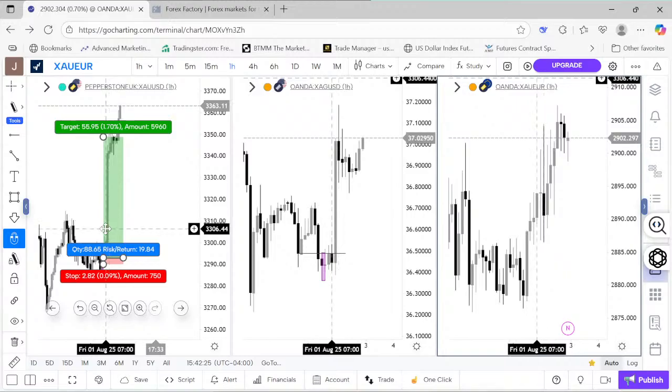So in this case, while gold was going up, we would automatically have assumed that silver, so gold and silver, should be going up at the same time, right? So we should have had three bullish candles close at the end of that 1 hour period.